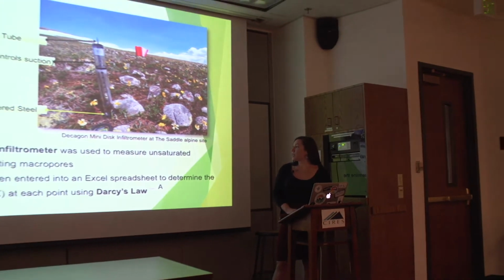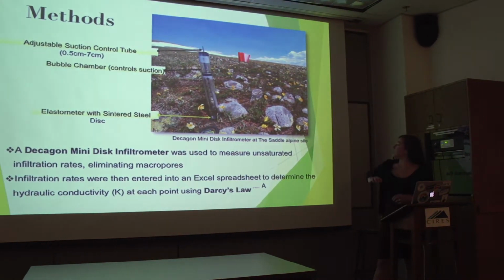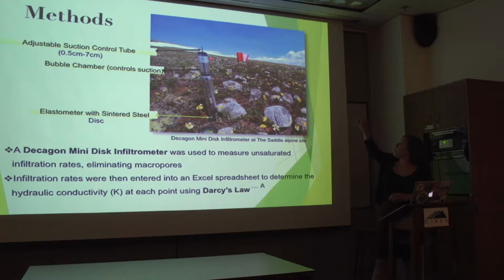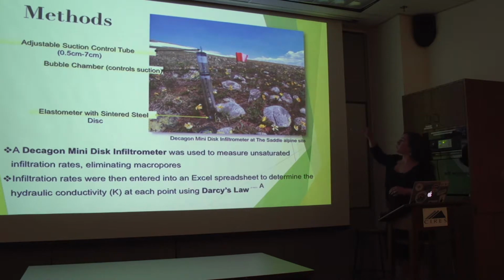So we used a Decagon MiniDisc Infiltrometer. This picture is on my alpine site, the Saddle. Up here is the top chamber. There are two chambers, and it's cut off here with a little suction tube. This top chamber, you fill up with water. The top part here, you can slide up and down and adjust the suction according to what soil you're collecting the infiltration rates with.